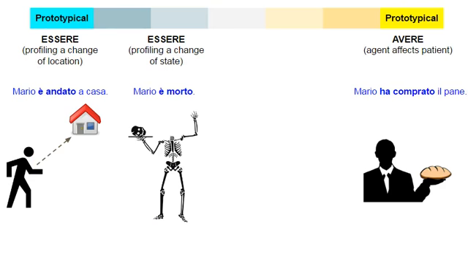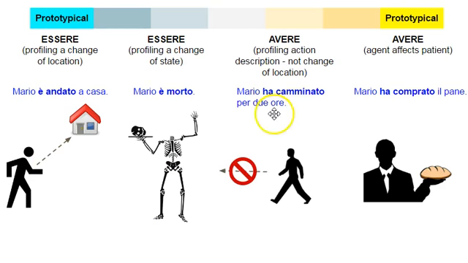And also we have a fourth situation here, which is with avere, when we have verbs that profile an action description. They describe an action, and their meaning is not the changing of a location. So for example, we have Mario ha camminato per 2 ore. When we talk about Mario ha camminato, he walked 2 hours, we are just describing the action that Mario was doing for 2 hours, but that verb does not have in itself the meaning of changing a location.